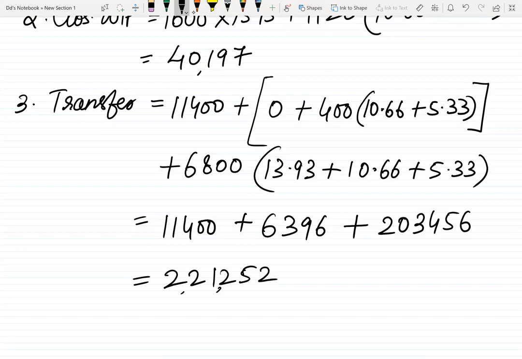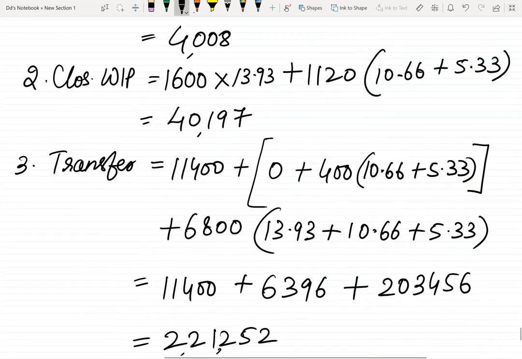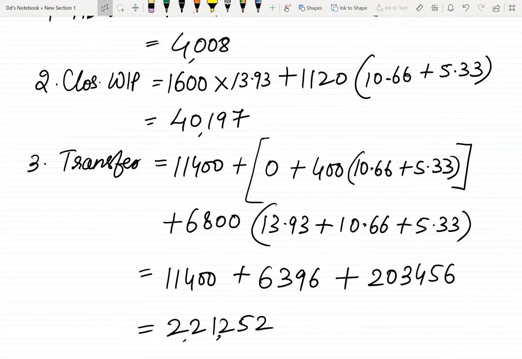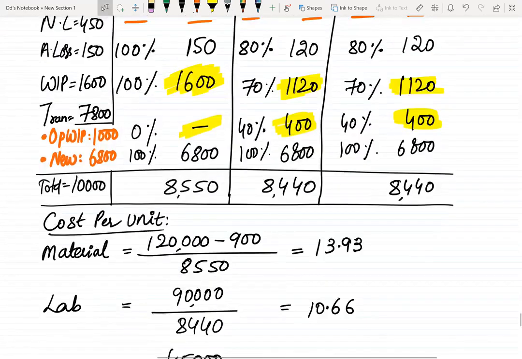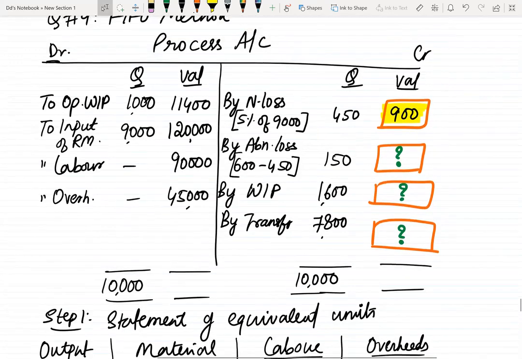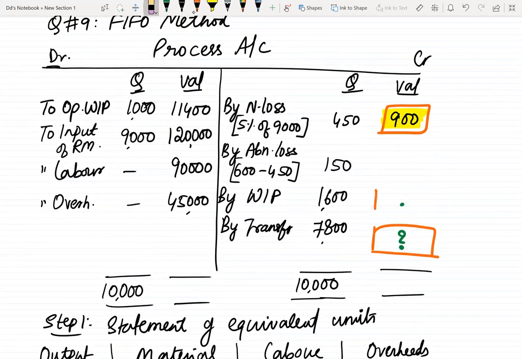Right. Now we will have to copy these numbers in our process account. Answer may not exactly match. You will have some rounding off difference. That should be okay. Let me fill these numbers.